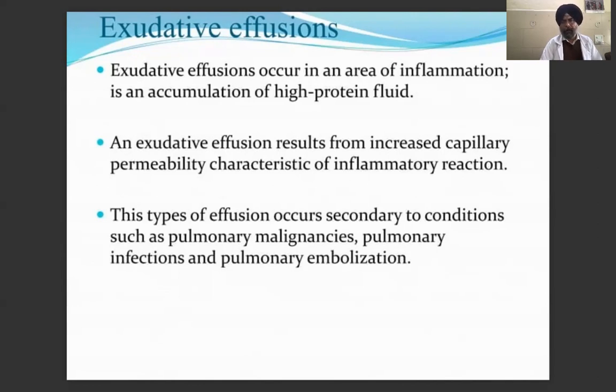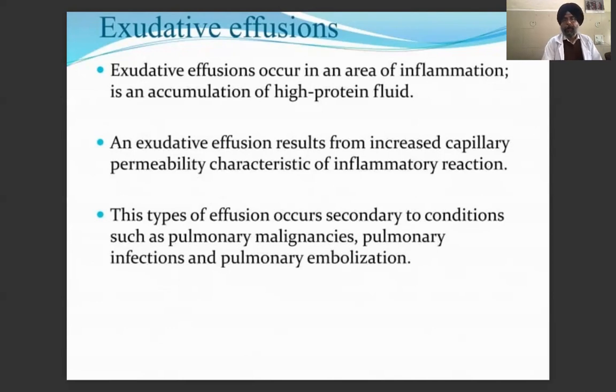Normally we get an X-ray or CT done, and if the distance between the side of the lung and the pleura is more than 1 centimeter or 10 mm, it has to be tapped, and you have to look at the protein and the cells.